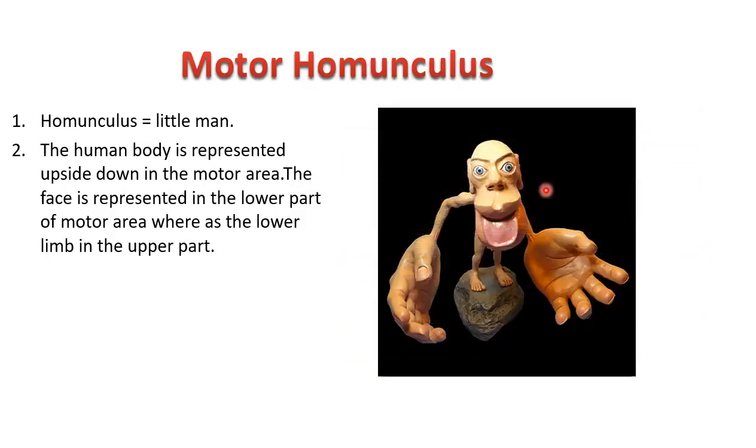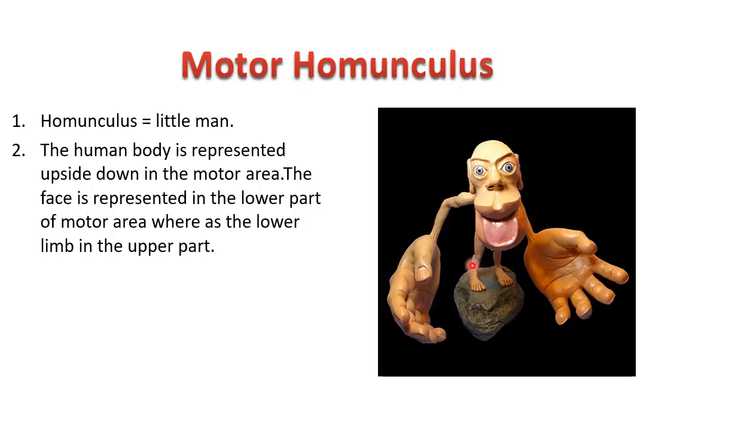So this is a little man, the homunculus, which shows how much of the fiber representation different areas of the brain receive in the cortex. When you look at this picture, you can see a very large hand, which means it has a very large representation in your motor cortex. For that matter, even the sensory cortex, because the representation in the cortex is not based on the size of that part, whether your thigh is very big.